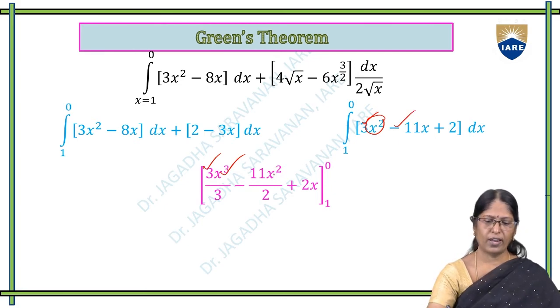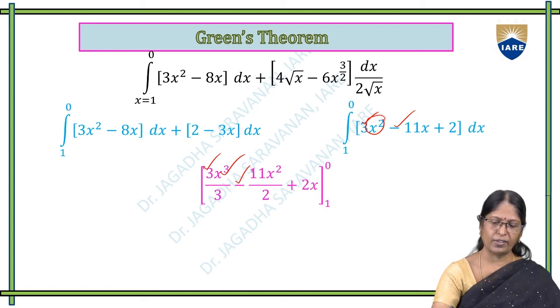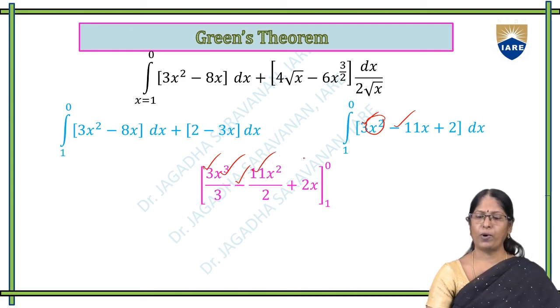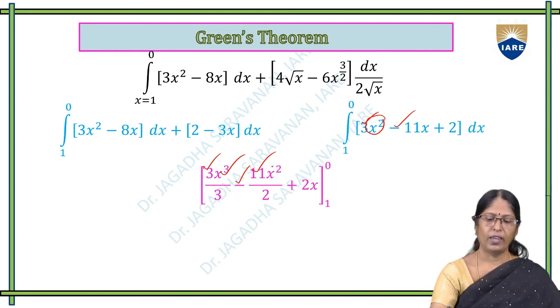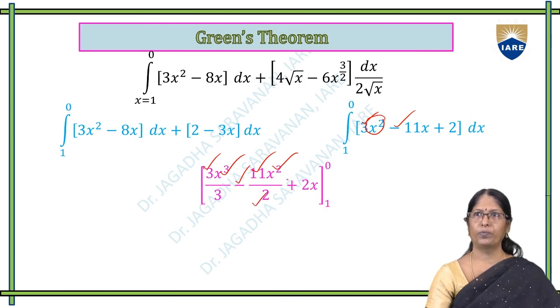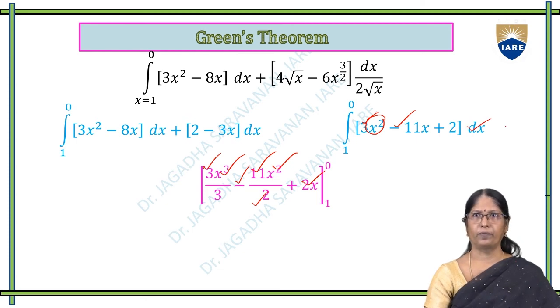Here minus is there, here also minus is there. 11 is written as it is. X power 1, that is 1 plus 1 by 1 plus 1, x square by 2, plus 2x, since the integral of dx is x.